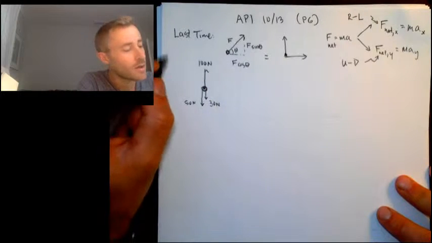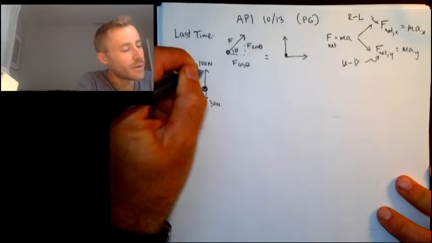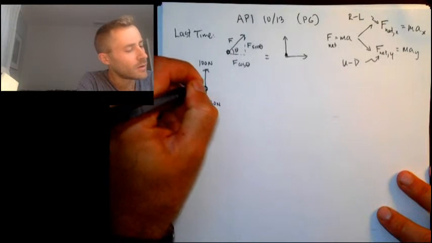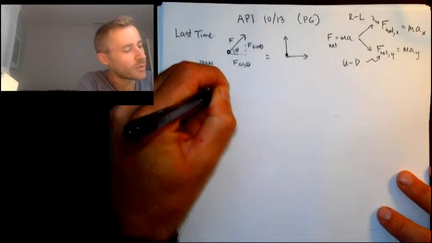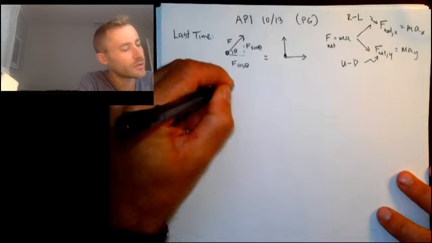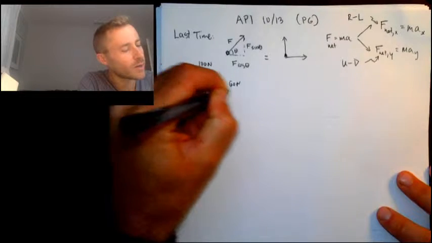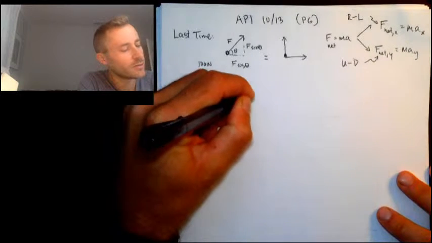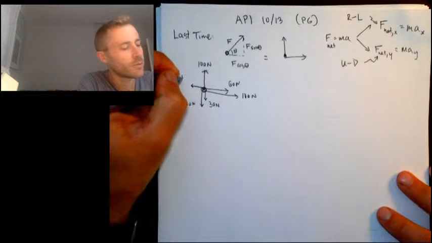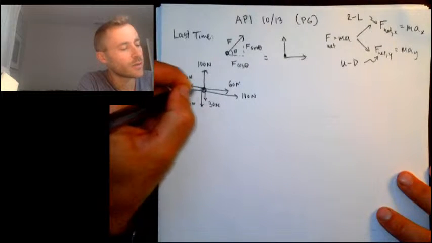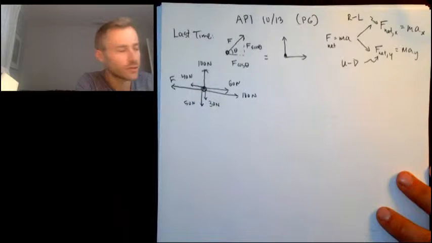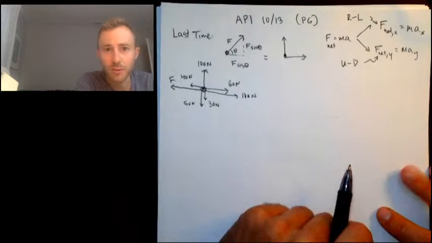And then I have a rightward force of, let's say, 60 newtons and a rightward force of 100 newtons and a leftward force of 40 newtons and another leftward force of size F. So this is just an unspecified applied force.